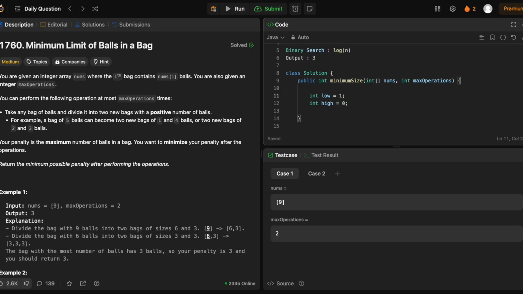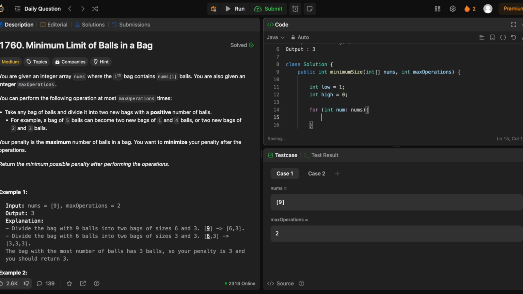Remember, our numbers are positive numbers, so we're going to start from 1 for our low. We don't need to start from 0 like always. For high, we're going to find the highest number in nums.